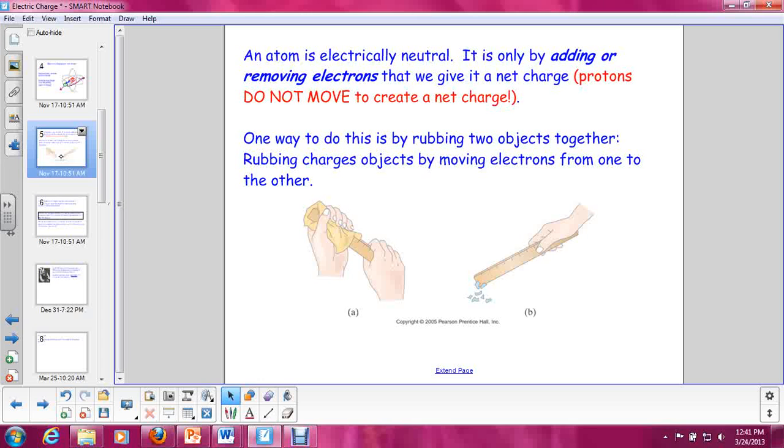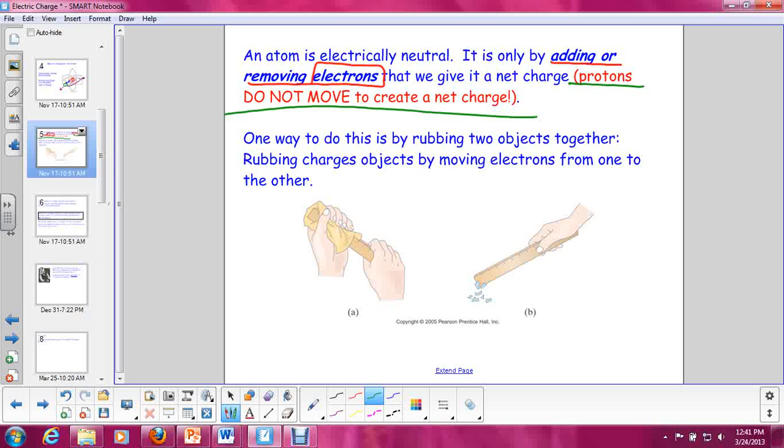If we just take an atom and we leave it alone, it's neutral. It has the same number of protons and electrons. In order to give that atom a charge, we have to add or remove electrons. And this is the key. It's very, very important to remember that only electrons move. Protons never, ever move to create a net charge.